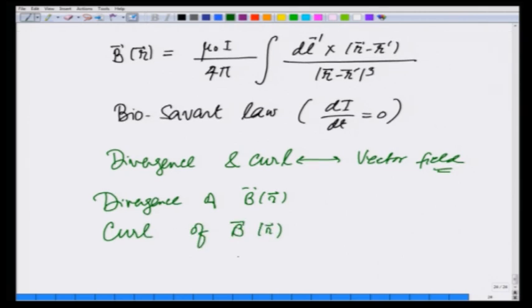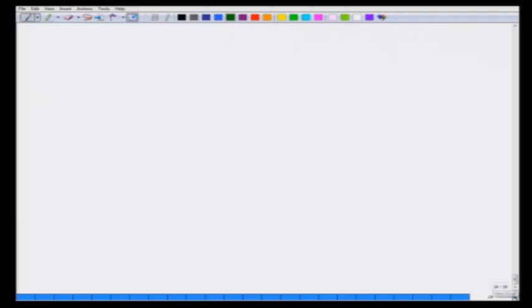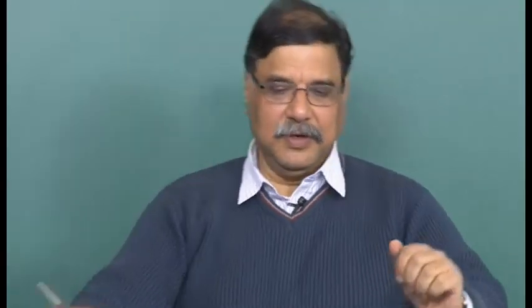This lecture is going to be concerned with these two quantities. I am going to use a little bit of vector calculus, but I will keep explaining it as we go along. That is necessary, and I would also request you to master this technique, because this will make life very easy while dealing with these fields.